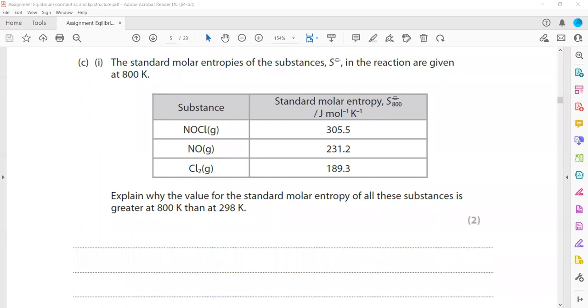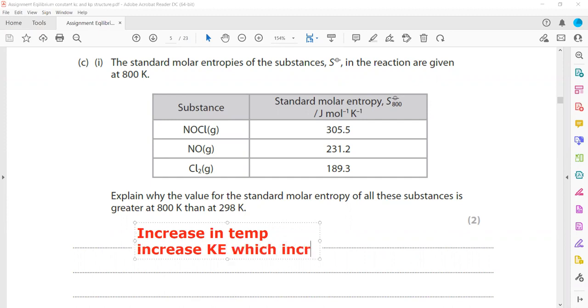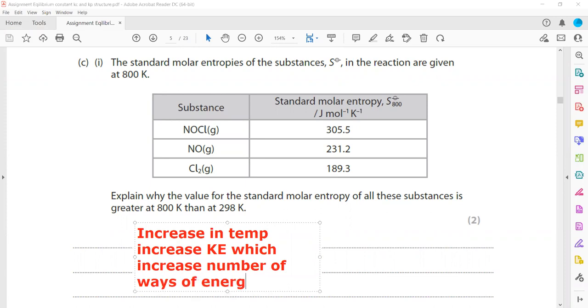Because when we increase the temperature, the particles will have more energy, greater kinetic energy, and that means a greater number of ways of energy distribution. So an increase in temperature increases the kinetic energy, which increases the number of ways of energy distribution. So as the temperature increases, there are more ways the energy can be distributed.